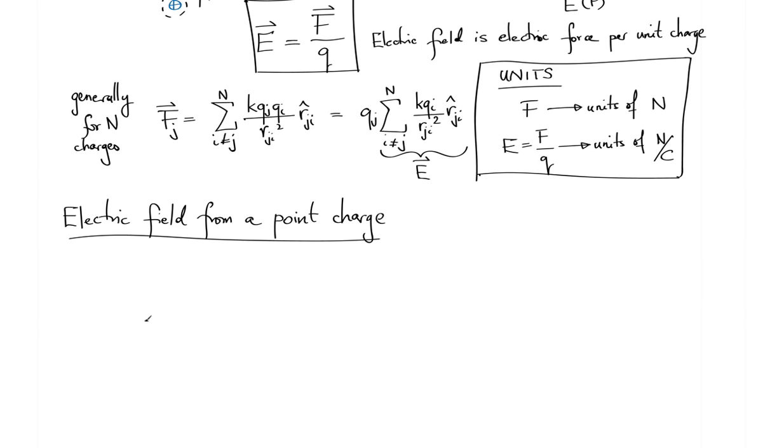So we have a charge here, charge Q. And so we want to know what the electric field is at some general point, let's say R, some vector R away from the point charge, right? So the question is, what is E of R?